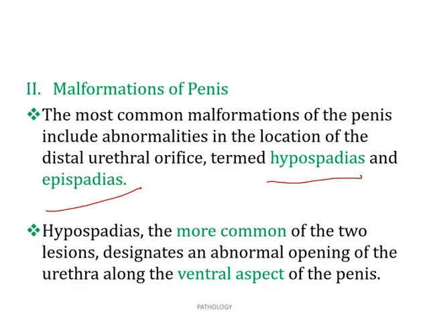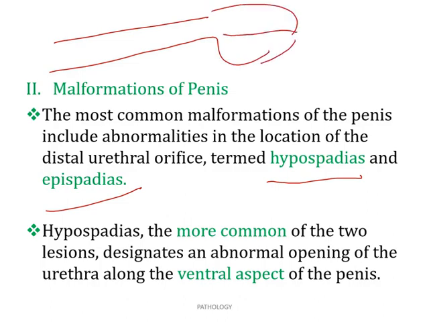Normally, the urethral meatus should be at the tip of the glans penis. So you may find there is abnormal location of this meatus. It can be in the dorsal aspect or the ventral aspect. So abnormal location of the distal urethral meatus is known as either hypospadias or epispadias.